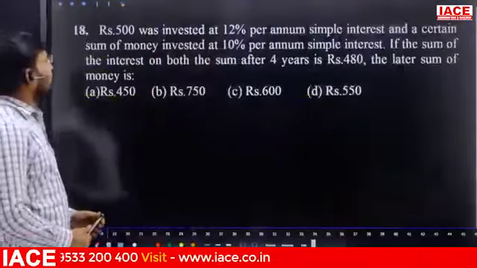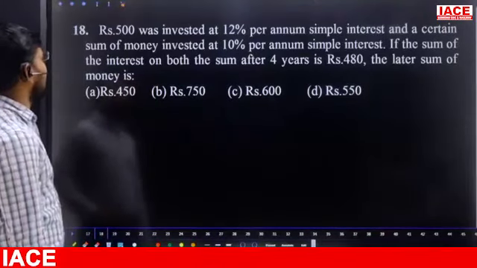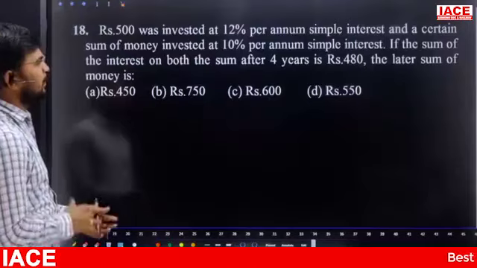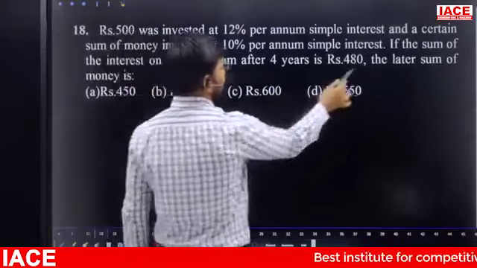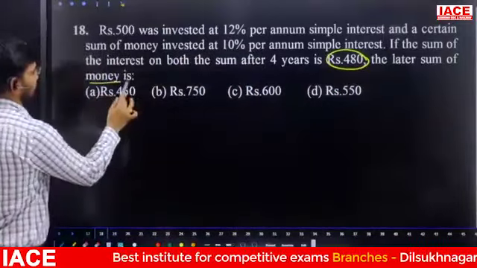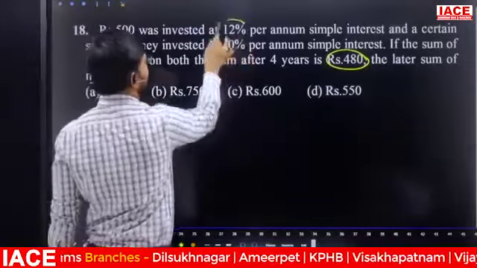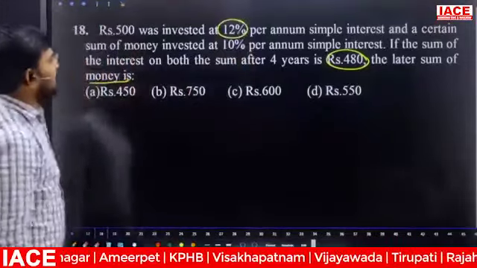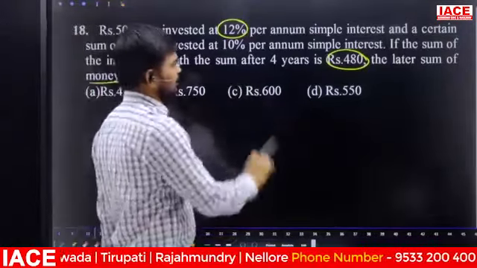500 rupees was invested at 12% per annum, simple interest, and a certain sum of money invested at 10% per annum, simple interest. If the sum of the interest on both the sums after 4 years is 480, then the later sum of money is how much? So total of 500 rupees invested at 12% per annum simple interest, and a certain sum invested at 10% per annum simple interest.